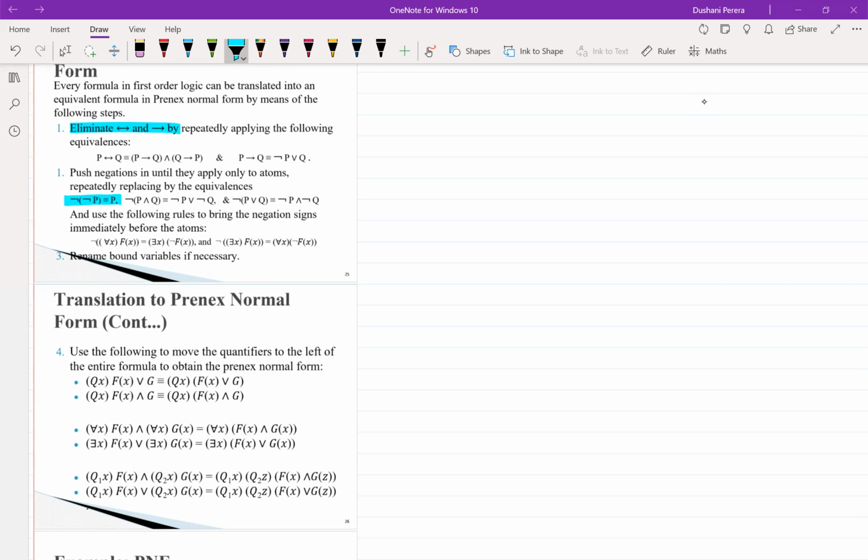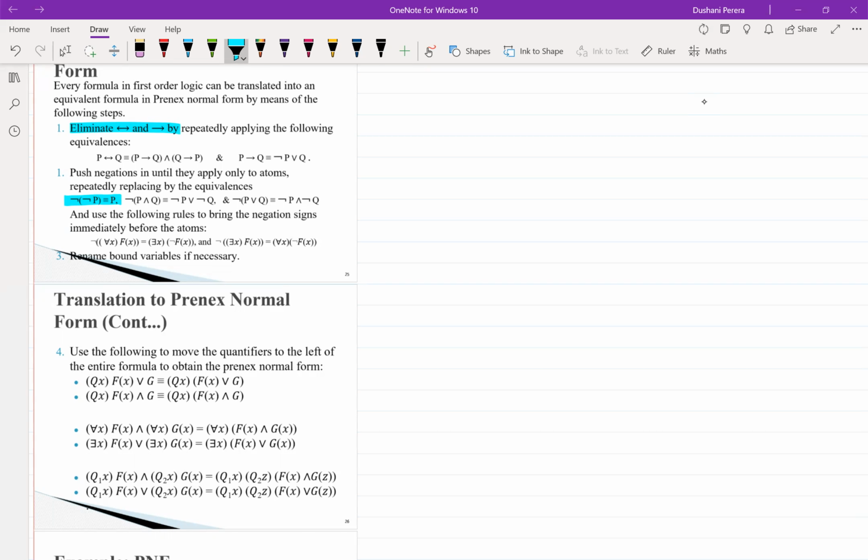After that you rename your bound variables if you want, so that the clause itself is clear and there won't be any confusion about which part contains which quantifier.